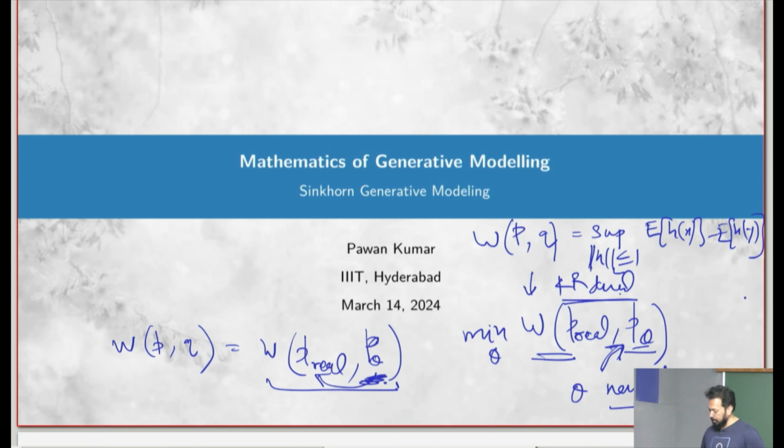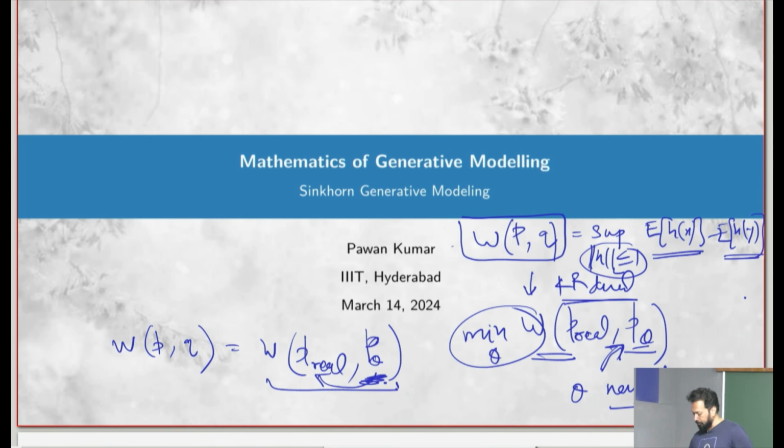What this says is that given a Wasserstein distance, you can write this as a difference of the expectations of H(x) and H(y), where H are one-Lipschitz functions. So basically you look for all possible functions H for which you see them as a difference of these. Then overall we have to minimize this, and within the Wasserstein there is a supremum problem involved.